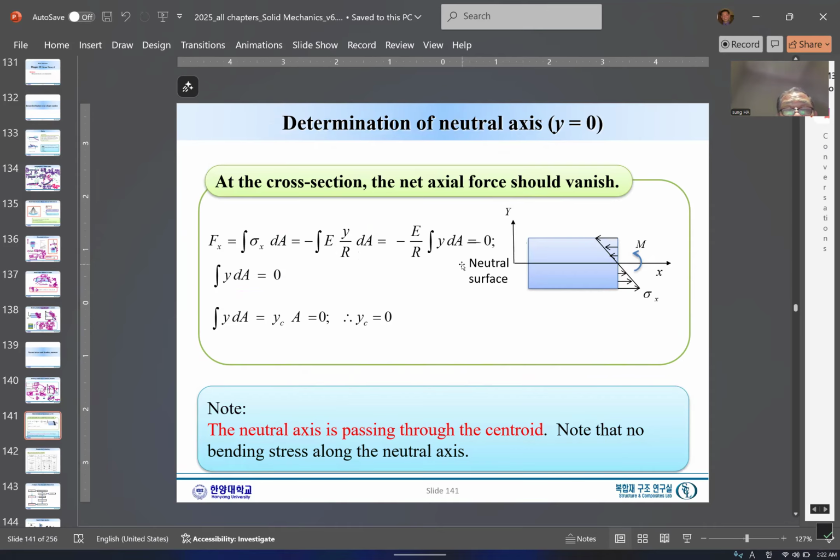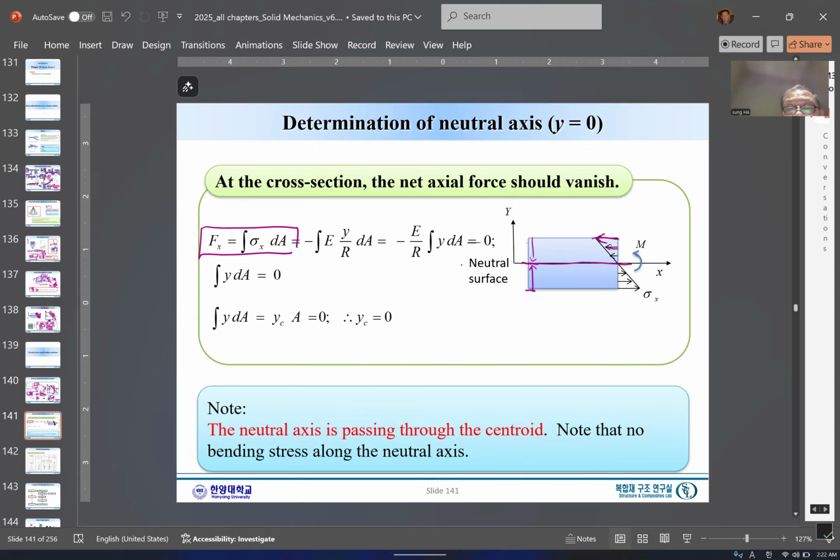Well, let's try to determine the neutral axis. This position relative to here or here, we didn't know yet. When we derived the equation, we just assumed that this is the neutral axis. Now we can determine this. Where is this neutral axis? The position of the neutral axis is determined by this.